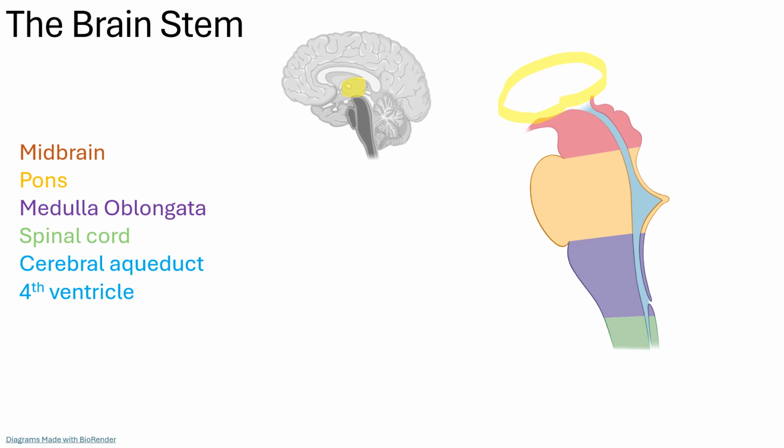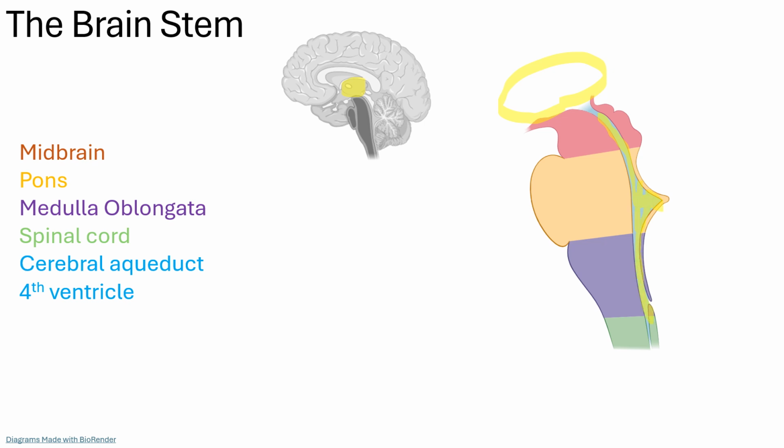The medulla oblongata, which is pictured here in purple, and I have matching colors, transitions into the spinal cord at its most inferior border, and in this picture, the spinal cord is pictured in green. The blue areas of this diagram are areas that are filled with cerebrospinal fluid.